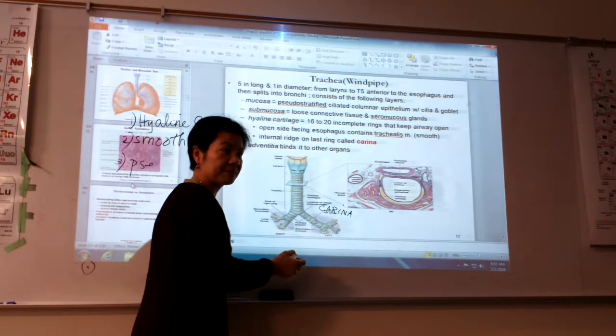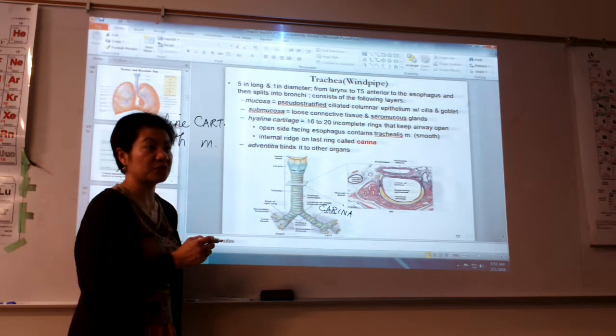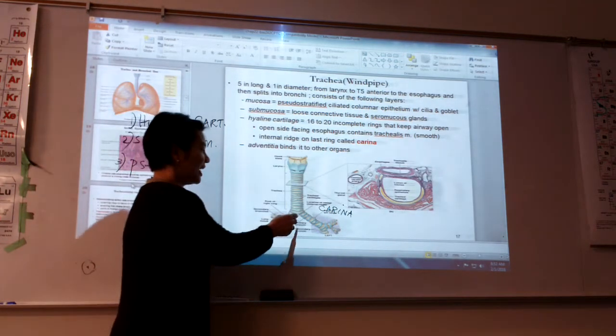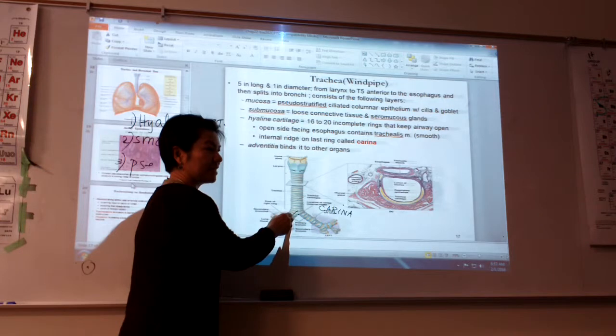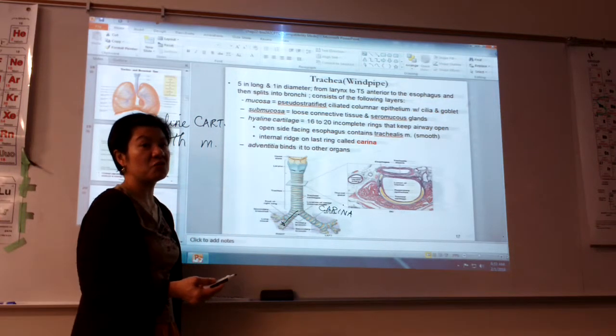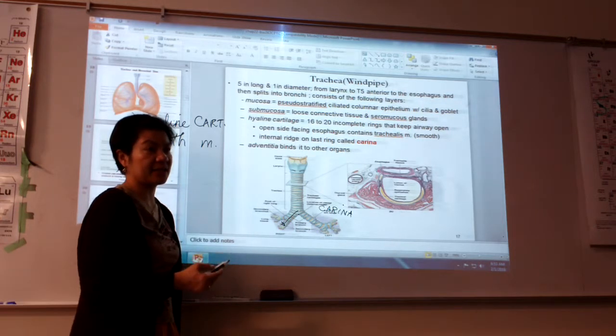This carina is the most sensitive portion of your respiratory tree. It triggers the strongest cough reflex. Why? Because if you let the bacteria very easily go down here, you're going to end up with pneumonia. You want to prevent that. What you want is good air exchange.